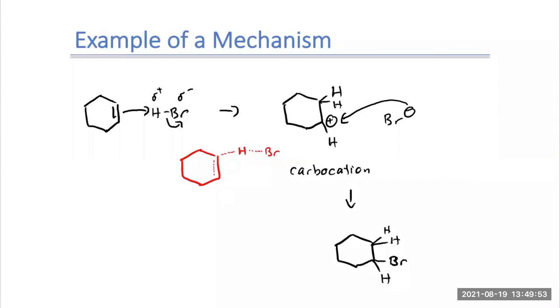So all of these are dashed lines because they're not full bonds. And usually when we have a transition state, we put inside brackets and do a double dagger right outside the bracket to indicate transition state. And so we can even create a transition state for our second step. So that second hill on our reaction diagram will be where the bromine is starting to make that bond with our ring.